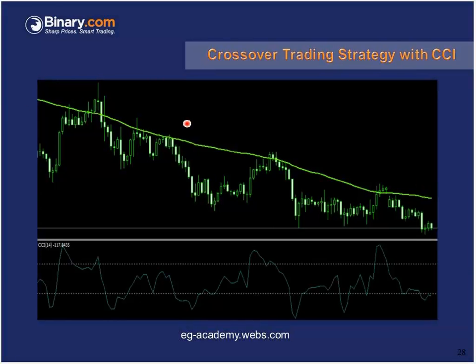Since the ideal time frame for trading this strategy is the minute chart, the 1 minute chart, that means you should be tracking the trend in an hour chart. So the simple moving average should calculate for 60 periods.